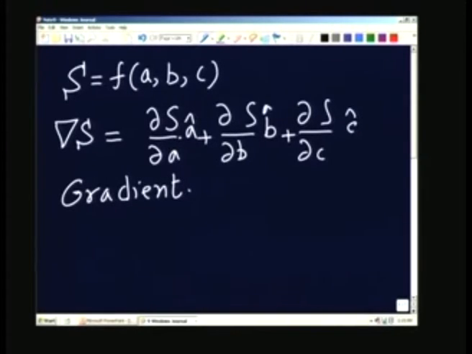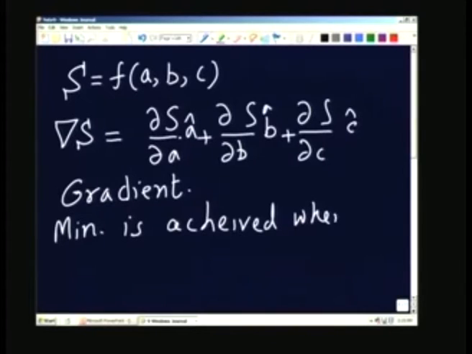The requirement for a minimum is achieved when it is equal to 0. That is what we are looking for. We will also look at this gradient slightly in more detail. Now, what does the gradient indicate? It indicates the partial derivative with respect to the 3 parameters. So, I am talking about the parameter space.